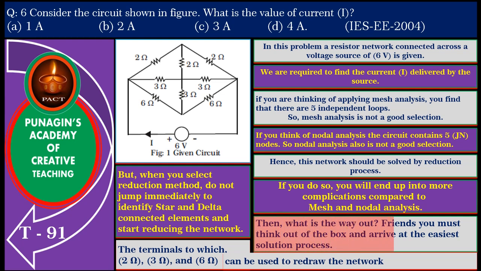Friends, you must think out of the box and arrive at the easiest solution process. So, observe that the terminals to which 2 ohm, 3 ohm and 6 ohm at both the ends can be used to redraw the network as shown in figure 2.